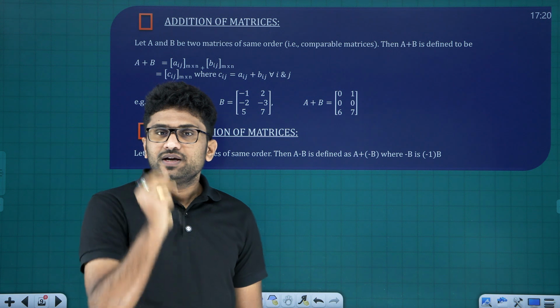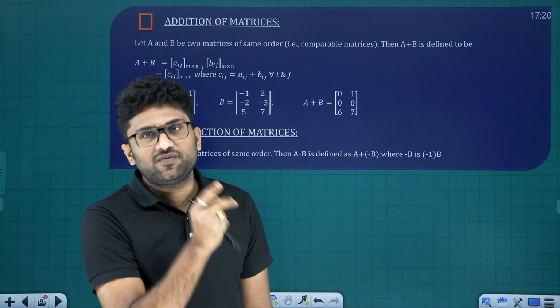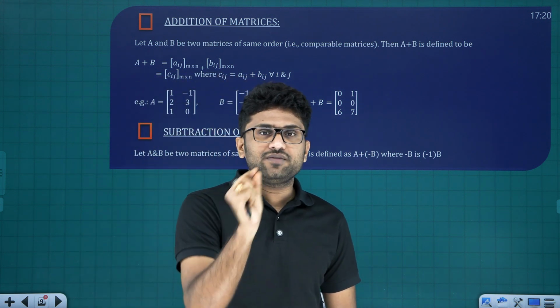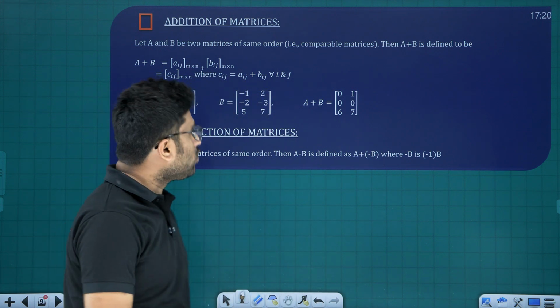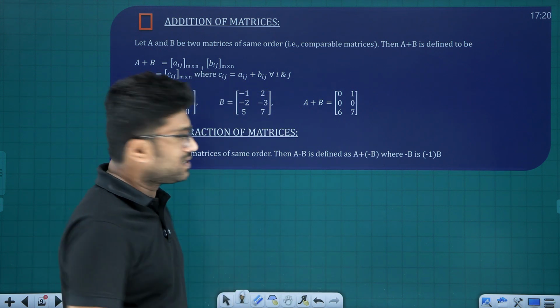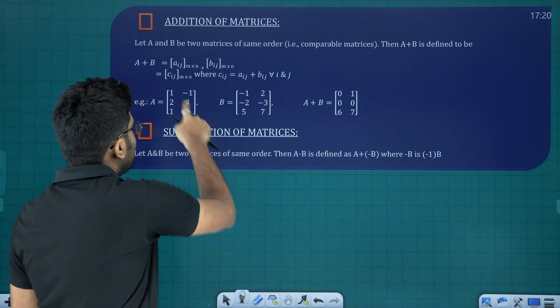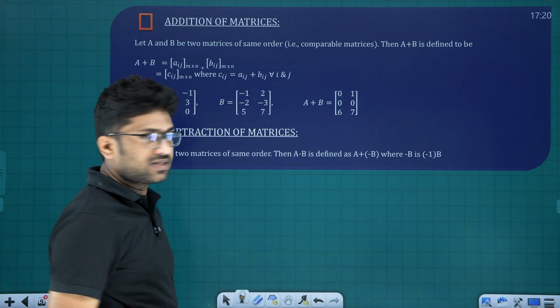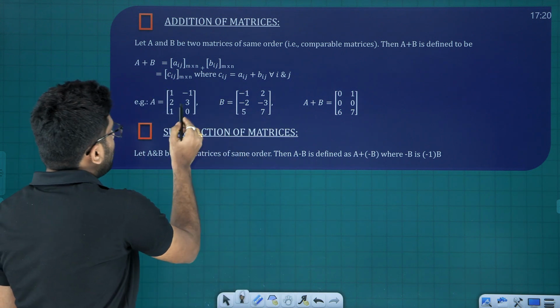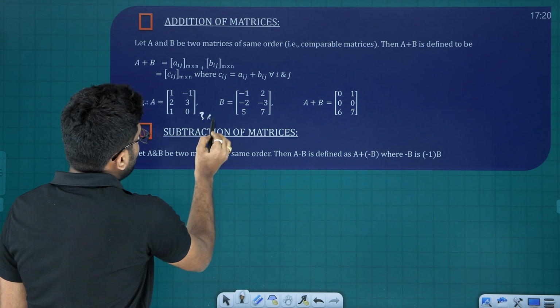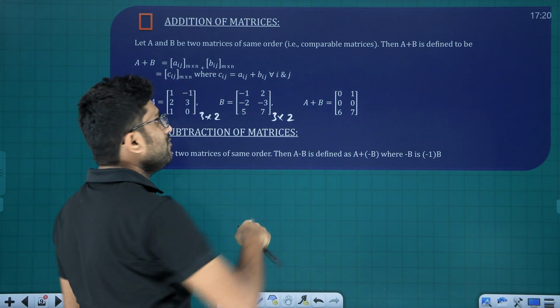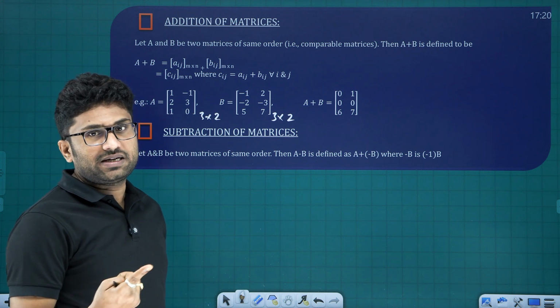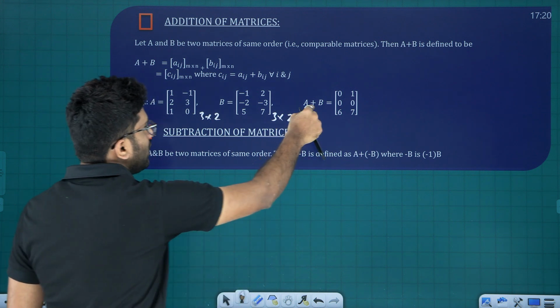Two matrices are compatible for addition or subtraction only if they have the same order. Then we add or subtract corresponding elements. A is a matrix of order 3 by 2, B is also a matrix of order 3 by 2, then A plus B will also be a matrix of order 3 by 2. Then how do we get A plus B?